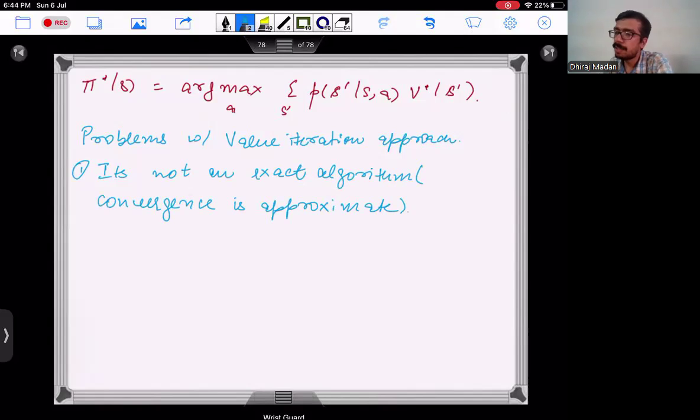That's the first problem. And secondly, the V star which we have computed may not correspond to any policy.